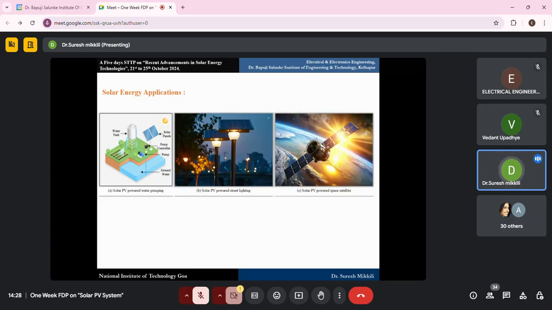Next, a huge application, the primary application I can say, is the solar PV powered space satellite. We don't have any other option for satellites; we need to consider solar PV systems, which extract the power and give it to the satellites.